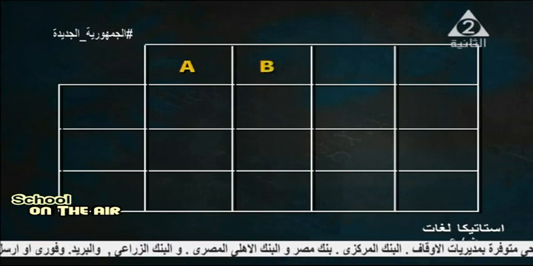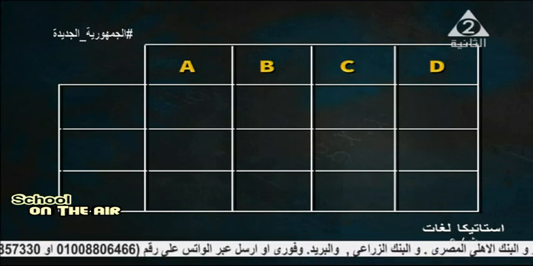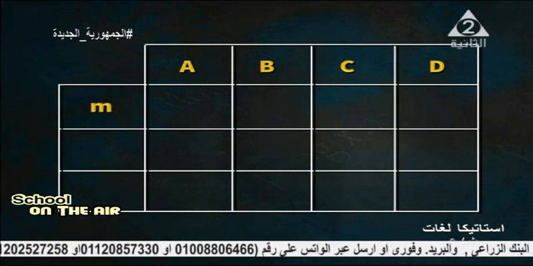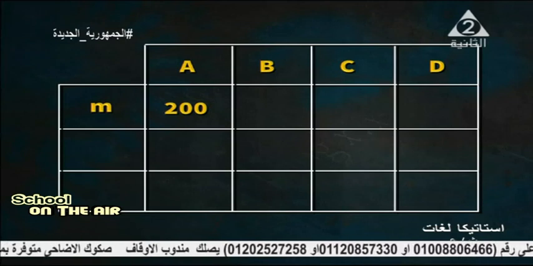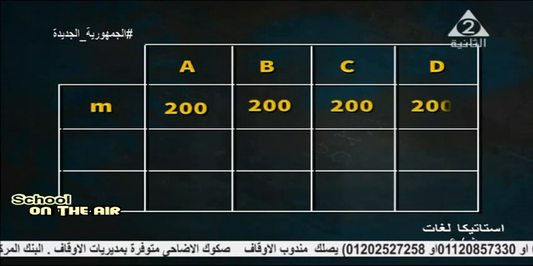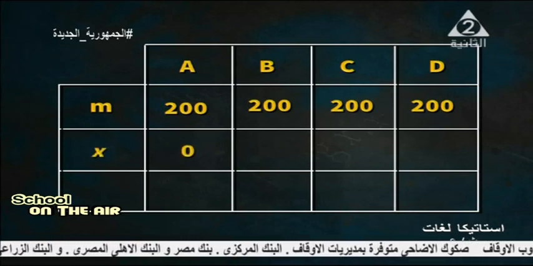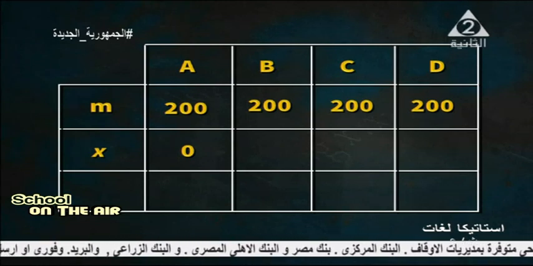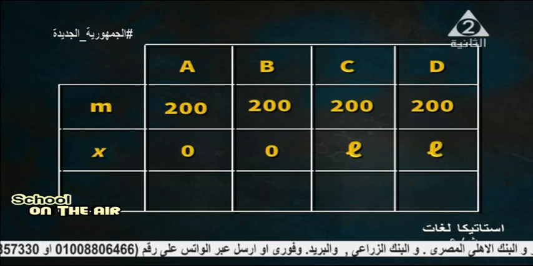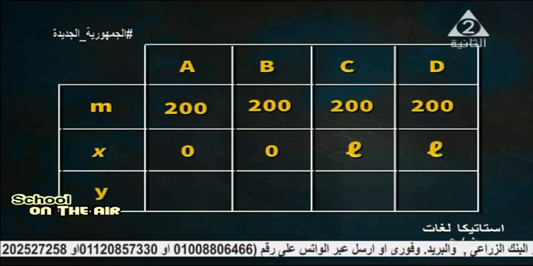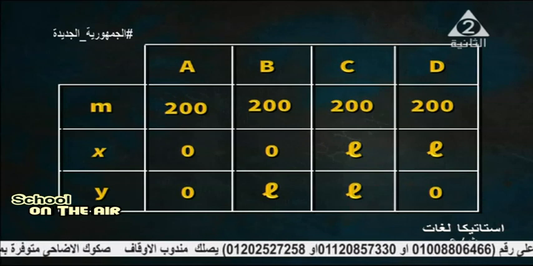The first row is for points A, B, C, D. The first column represents the mass: at A 200, at B 200, at C 200, at D 200. X coordinates: point A 0, point B 0, C is L, D is L. Y coordinates: point A 0, point B L, point C L, point D 0.